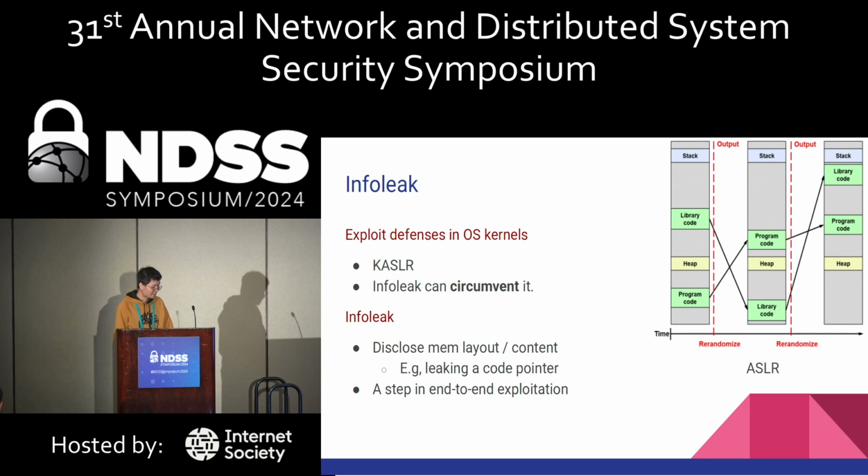To circumvent this defense, Infoleak is used by attackers. For example, when the attacker leaks a code pointer from the kernel, he is able to locate the kernel code region. Infoleak serves as an important step in end-to-end exploits.